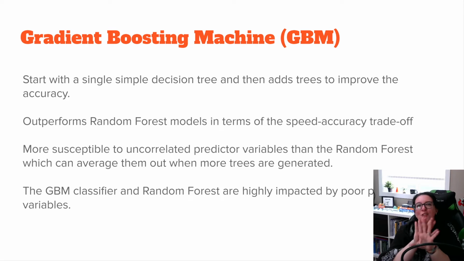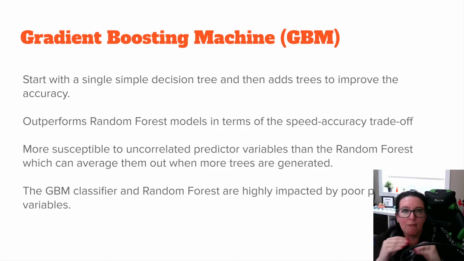Because they're all averaged together, any variable that doesn't appear in very many decision trees gets weeded out. But in gradient boosting machine, because we're adding the trees, variables that only appear in, say, 1 random decision tree continue to exist in the model.